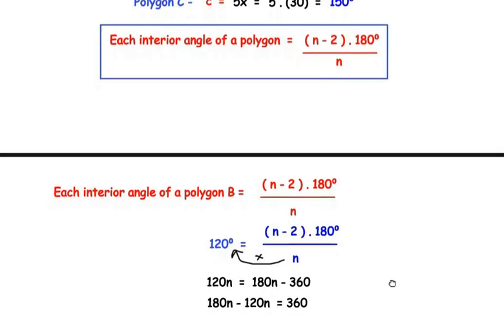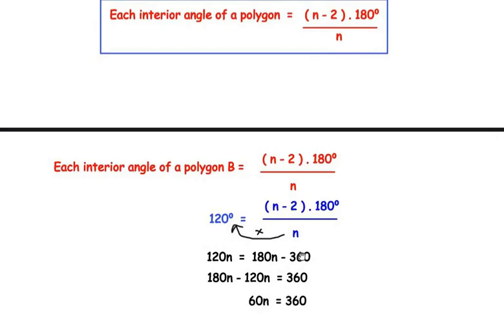Now in the next step, we have exchanged the places of minus 360 and 120n. So 120n comes on the right hand side and gets subtracted from 180n, and negative 360 goes on the left hand side and becomes positive 360. So here we get 180n minus 120n is equal to 360. Now these two are like terms.